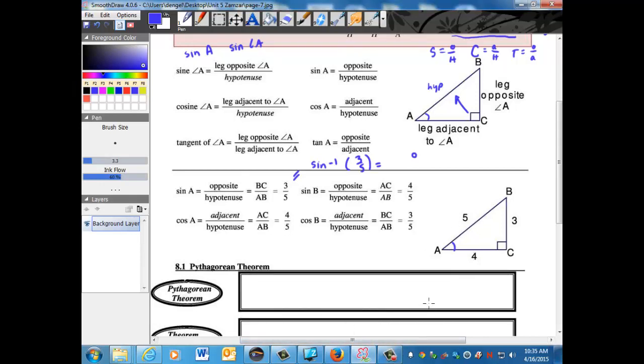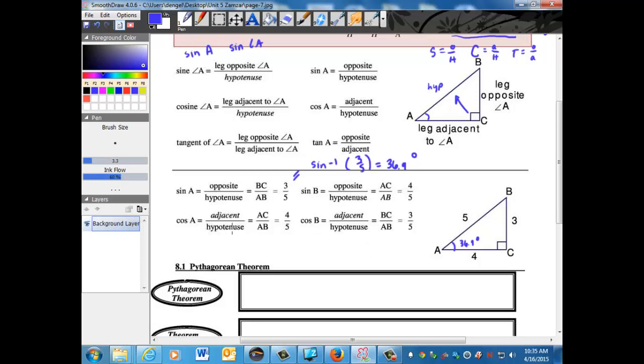Alright, so when we enter this into our calculator, we're going to get 36.9 degrees. And so what this allowed me to do was to say, okay, I now know that this angle is 36.9 degrees.